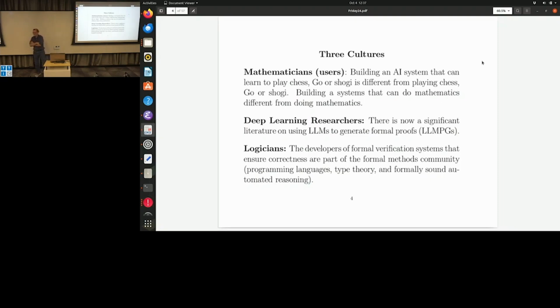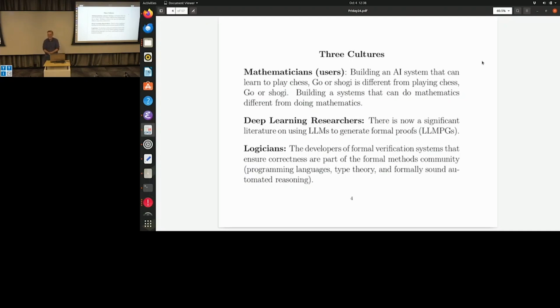Very concise answer. Okay, so there are these 3 cultures. There are mathematicians, and I want to think of mathematicians as users. They're the people who are going to try to use this system to help them in their research. Most people getting a PhD in mathematics today were not trained in logic. 30 or 40 years ago, people would be trained in ZFC, the foundations of mathematics, and they would look at the independence of the continuum hypothesis.